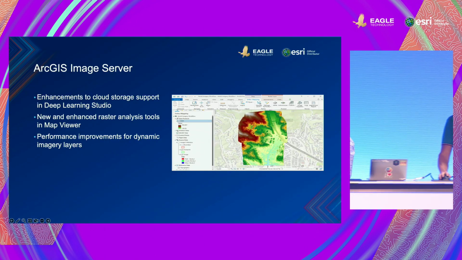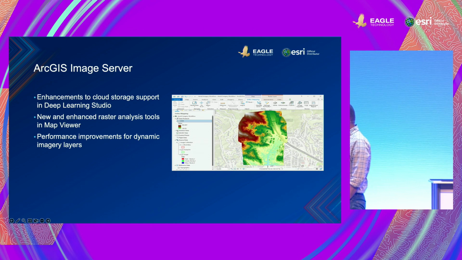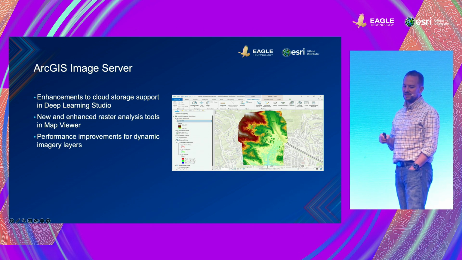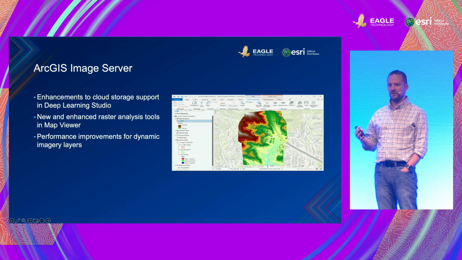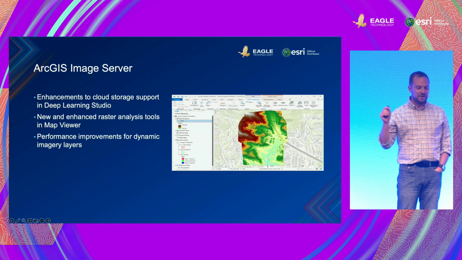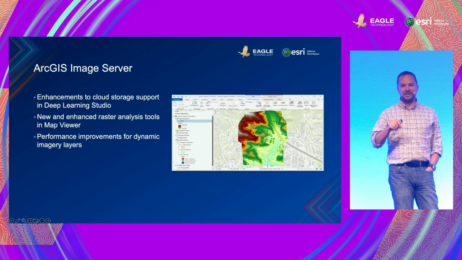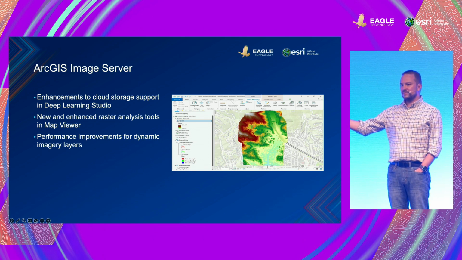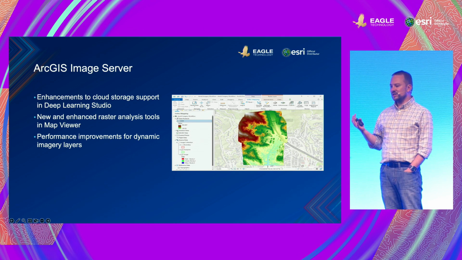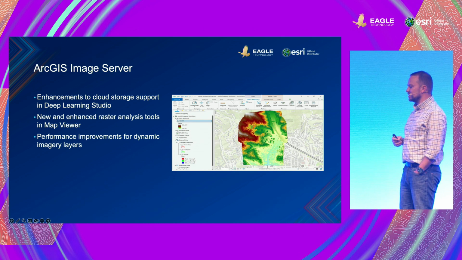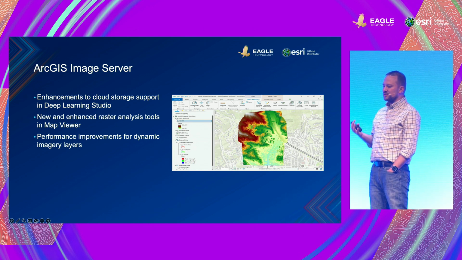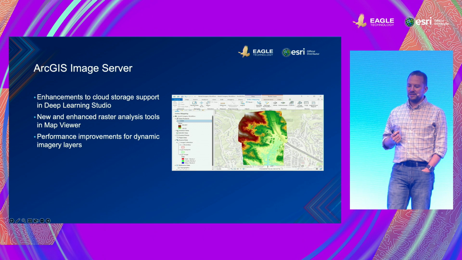And I want to seize on that piece just a little bit because I didn't really talk about that before, but it's a defining characteristic of ArcGIS Enterprise as a whole, not just image server, but that ability to connect directly to your data in place, wherever it is. We've had that for many, many years, but it really is one of the defining characteristics that we see driving use of ArcGIS Enterprise by many customers.